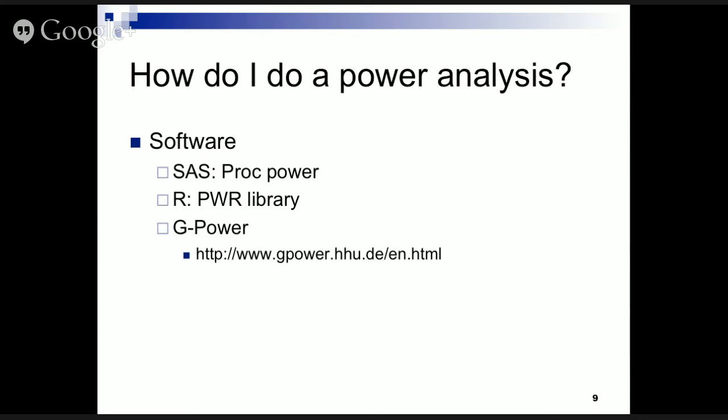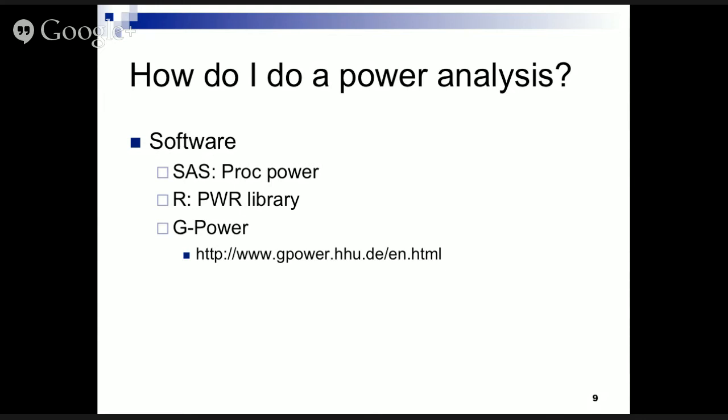So for R, depending on how much you know about it, there are many different libraries that are created by independent users. There is one particular library called pwr, the power library, that does power calculations in R. However, there are a lot of other power calculation functions that are spread out throughout the different libraries in R. For example, there's a particular function that will run power analyses for Sobel tests in R. It's not in the power library because it's so specific; it's in a library for running Sobel tests.